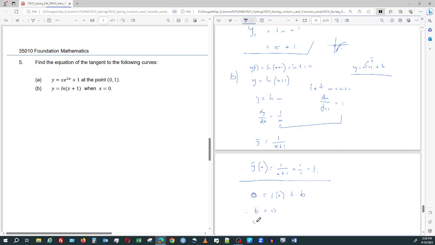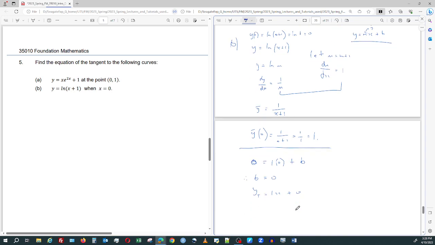So our tangent yt is equal to 1x plus 0, which we know translates into yt is equal to x. Tangent at this particular point for this particular function is x.